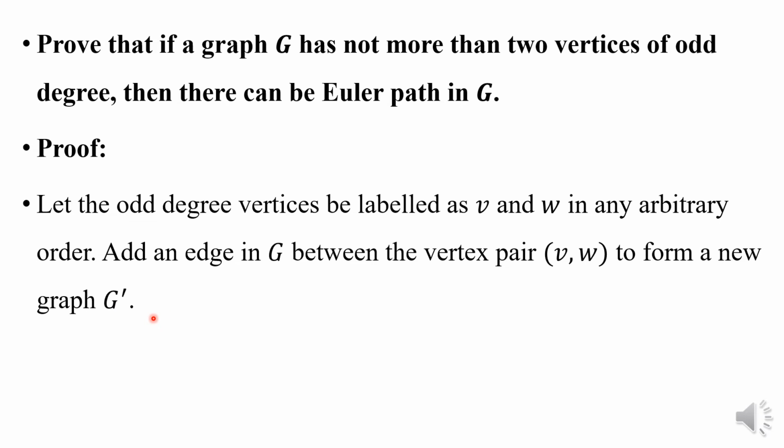Originally my graph G has two vertices V and W with odd degree. Now I added one edge between V and W, so I get a new graph G dash.